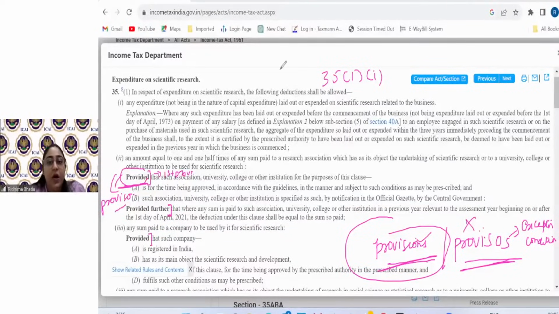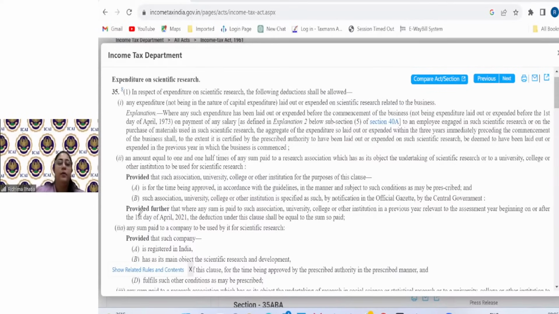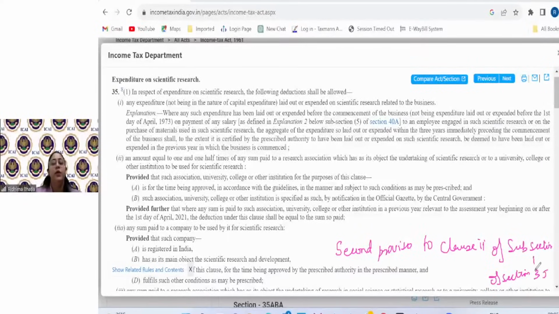So अब इसको technically how will we say? ध्यान से, provided further लिखा हुआ है. If I have to refer to act में लिखा है second proviso to clause 2 of subsection 1, okay, of section 35. अब I will say you to read second proviso to clause 2 of subsection 1 of section 35. तो आप कैसे जाओगे?